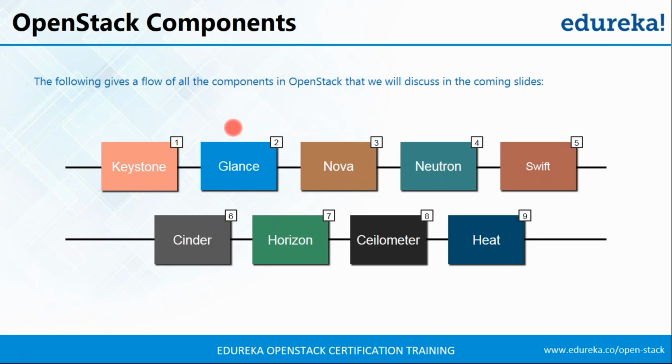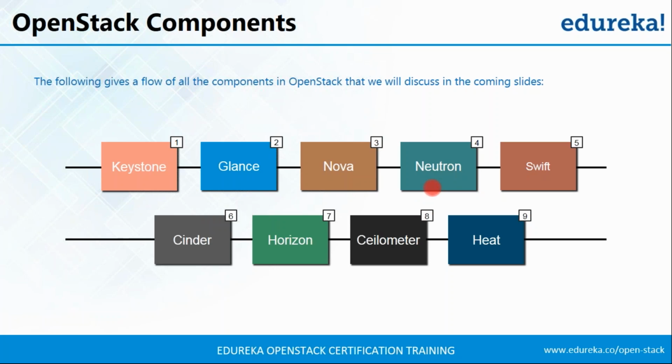So this can be all stored in Glance, and then you can launch instances from the images that are present in Glance. Then we've got our computing domain, which is known as Nova. So when you launch an instance, you actually avail the Nova zone. So this is where all the computing and all the processing actually happens.